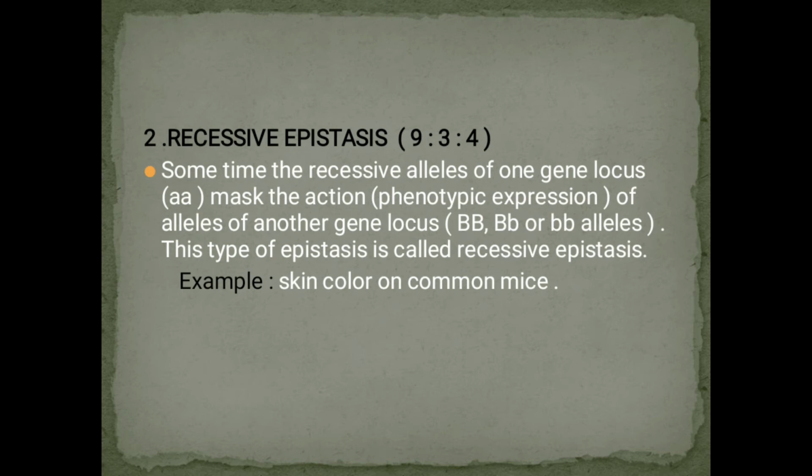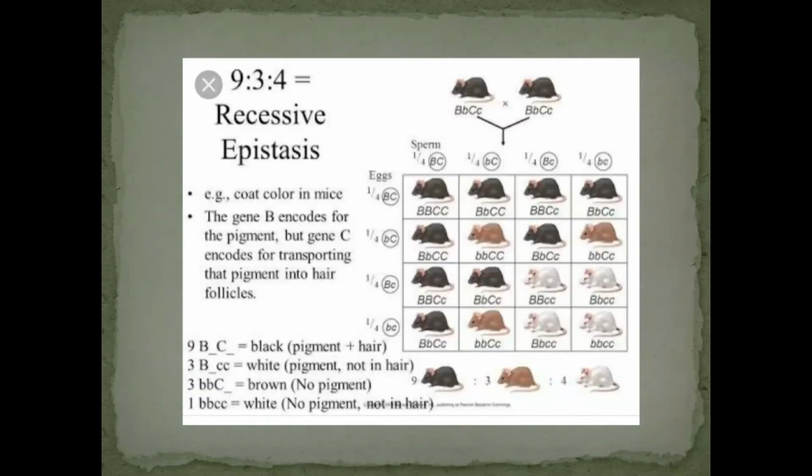This type of epistasis is called recessive epistasis. Example: skin color in common mice. We observe a 9:3:4 ratio. In the skin color of mice, 9 are black, 3 are brown and 4 are white. This is the recessive epistasis example. Its ratio is 9:3:4.